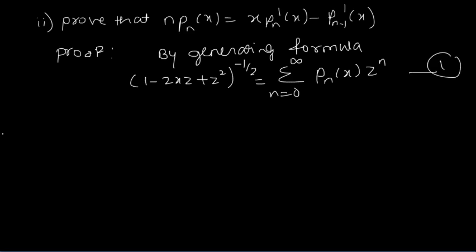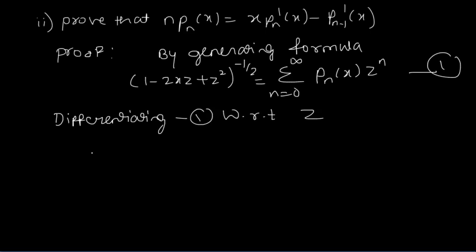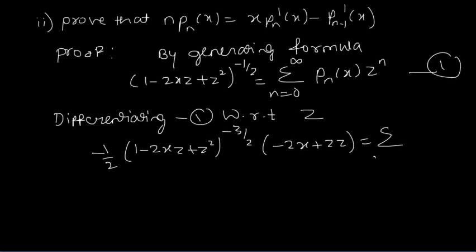Next, differentiating equation 1 with respect to z, we get minus 1 by 2 into 1 minus 2xz plus z square raised to minus 3 by 2 into bracket minus 2x plus 2z equal to summation from n is equal to 0 to infinity n into Pn of x z raised to n minus 1. So this is what we obtain by differentiating with respect to z.